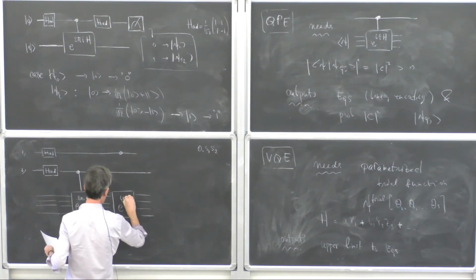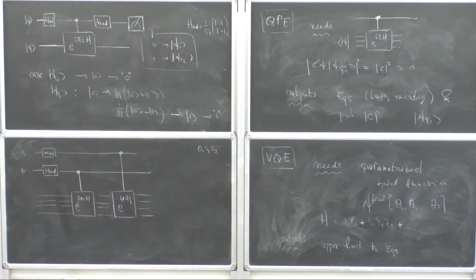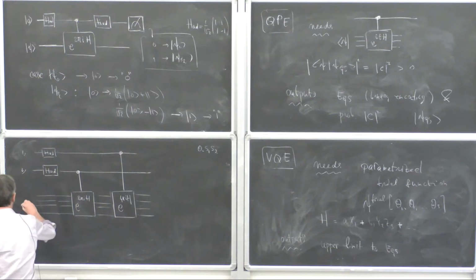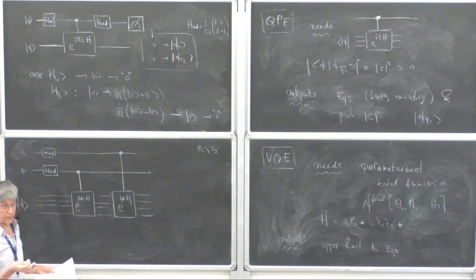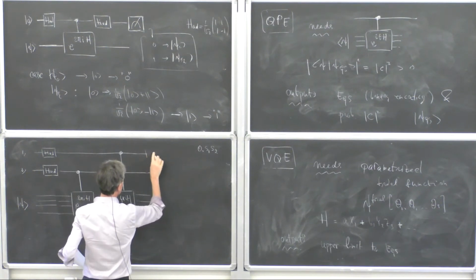I do 4 pi i h. So that's my circuit. I run it. So I know here goes my state psi with the same story. It could be an eigenstate, it could be a superposition. And I measure in the end. Here are my measurement gates. This one and this one.